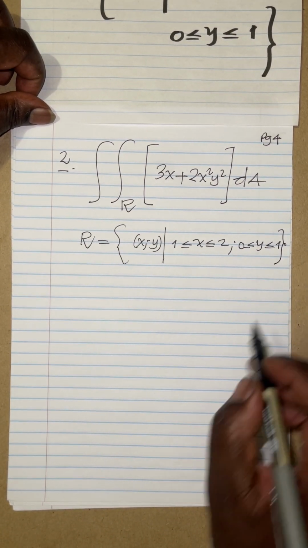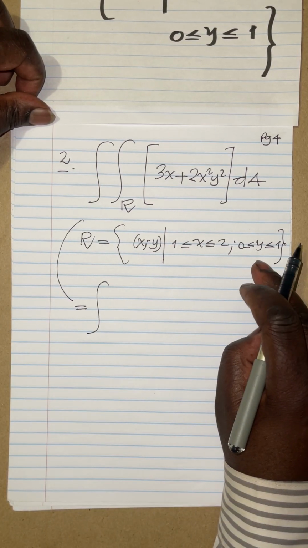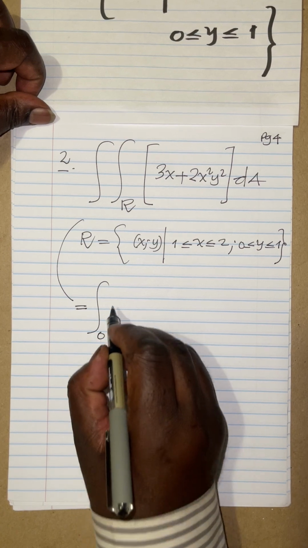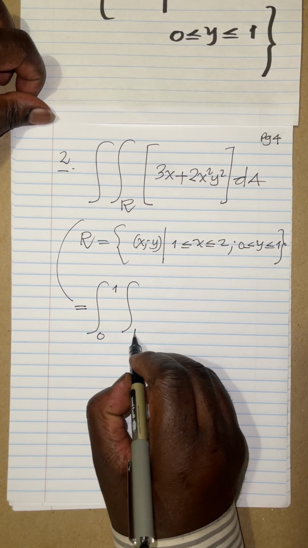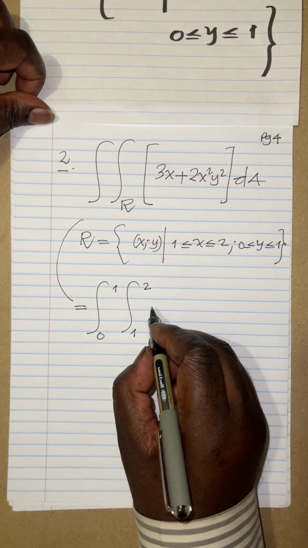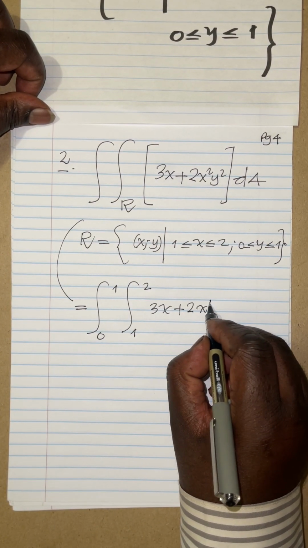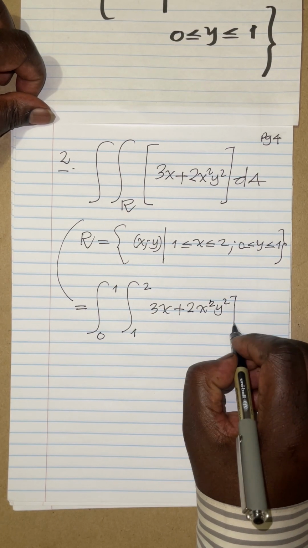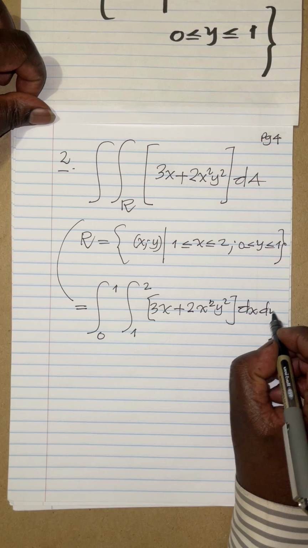Right, so now we're saying this basically is the same as the integral. Remember, the outer integral will have limits 0 up to 1. The inner integral will have limits 1 up to 2 of this expression, 3x plus 2x squared y squared. And then, remember what I told you, dx dy.